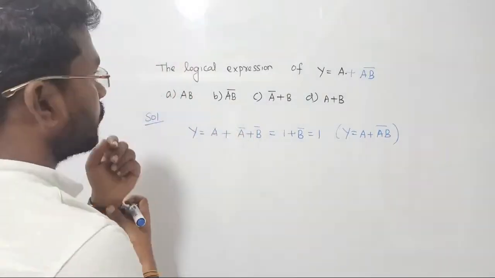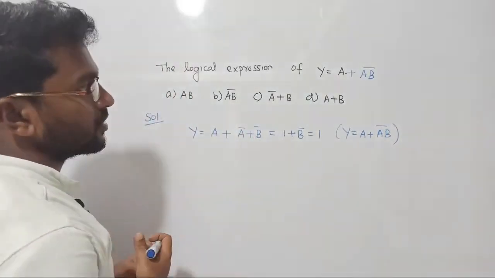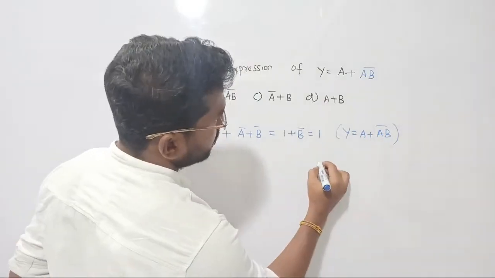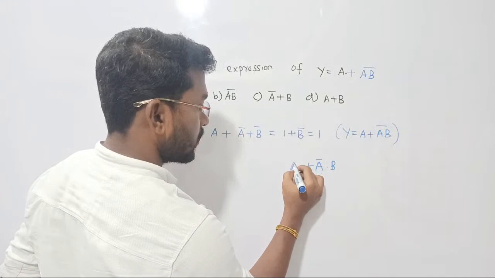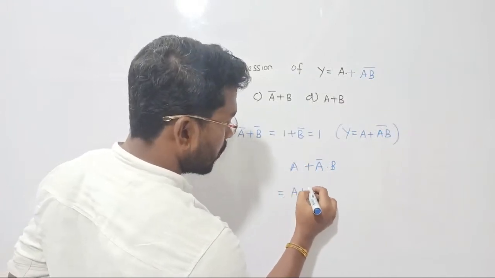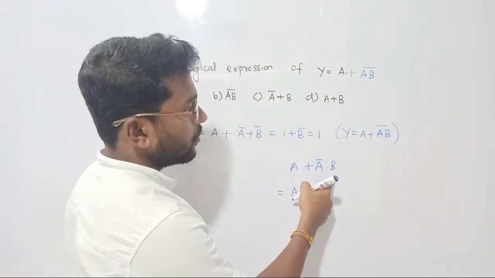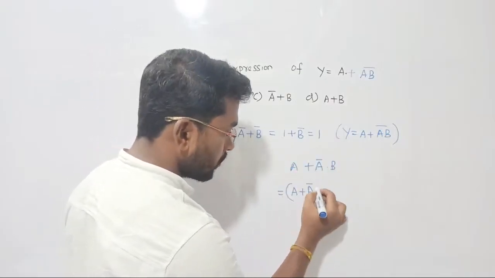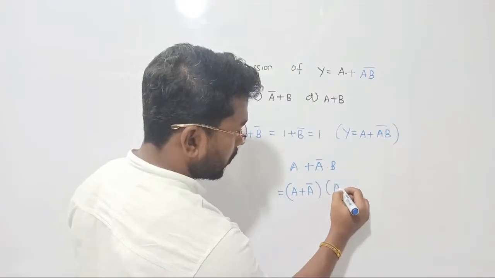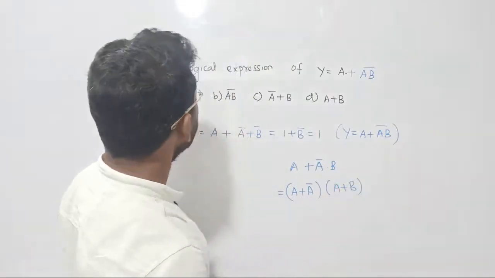Anyway, let us try to bring the answer. I think they made some mistake in the question, right? Let me fix it. If it is A bar dot B, then what will the answer be? If it is A bar dot B, then shall we apply distribution? It becomes A plus A bar, and it becomes A plus B. That is correct, right?